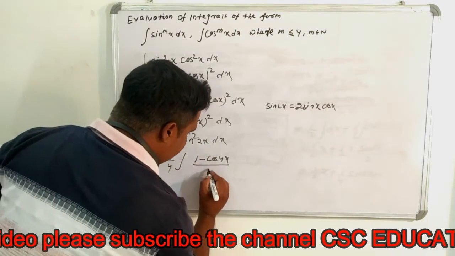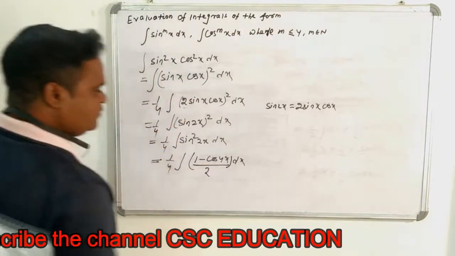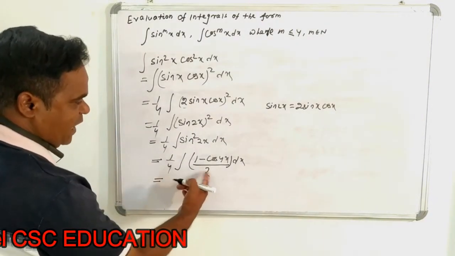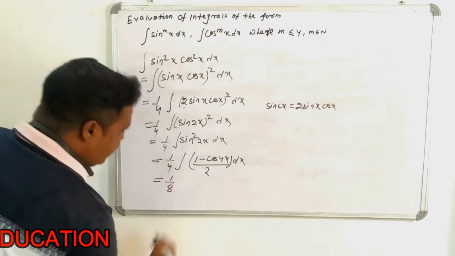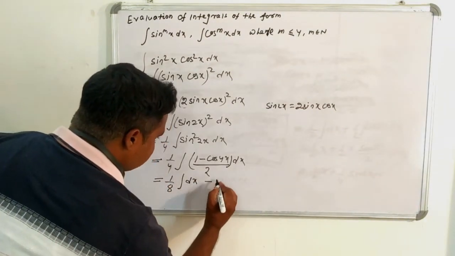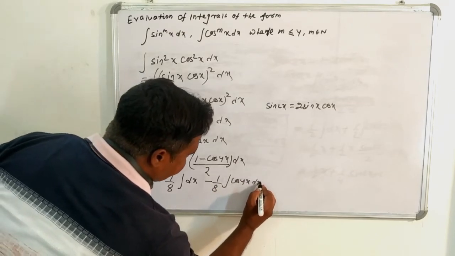This value is divided by 2 of dx. Alright. So this value equals 1 by 4 multiplied by half, 1 by 8 is the common factor, integration of dx firstly minus 1 by 8 integration of cos 4x dx.